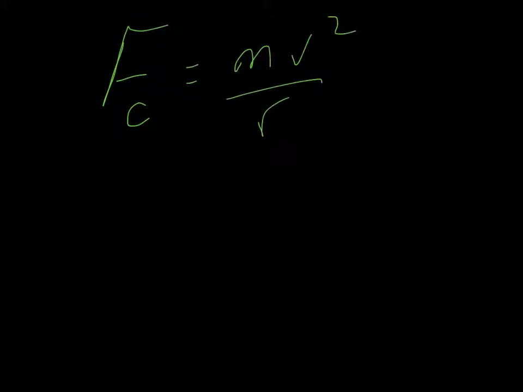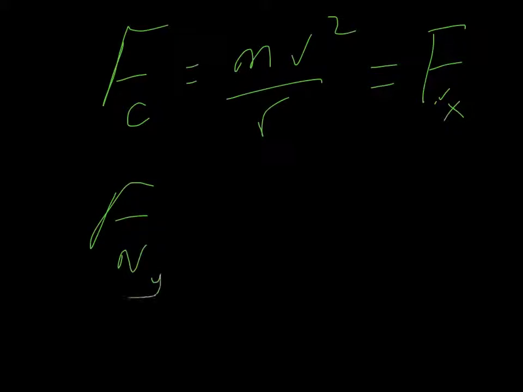What this means is we can say that the centripetal force is equal to mv squared over r, as it usually is. That's also equal to the x component of our normal force, so that's the normal force in the x direction. And we know that the other vector, the normal force in the y direction, is equal to the magnitude of the weight force.